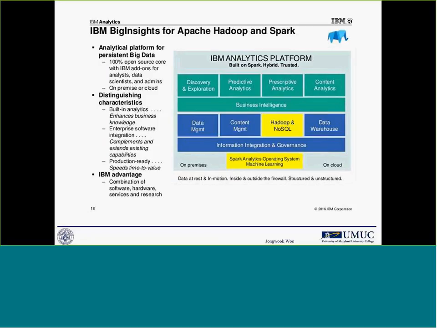And also, if you take a look at IBM BigInsights based on this diagram, Hadoop and NoSQL should definitely be the core, and then it can be integrated with a data warehouse such as DB2 and content management and data management services by Bluemix.